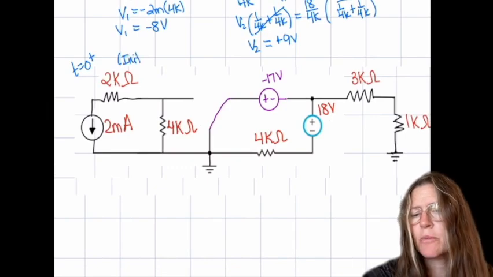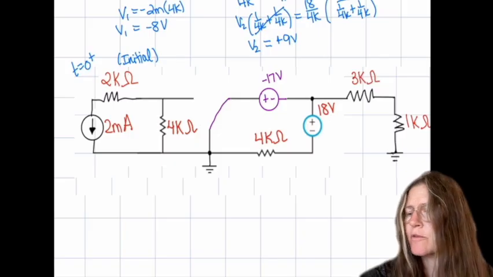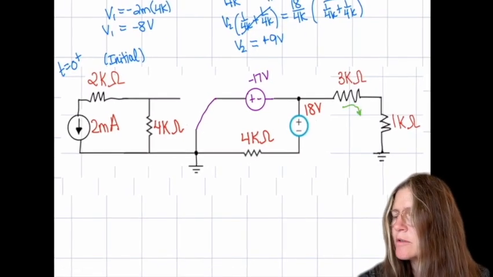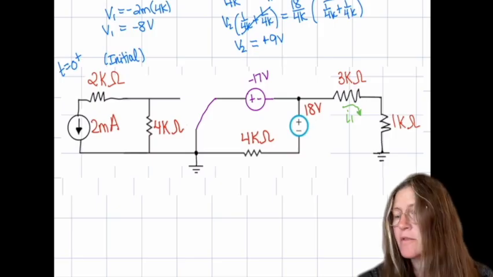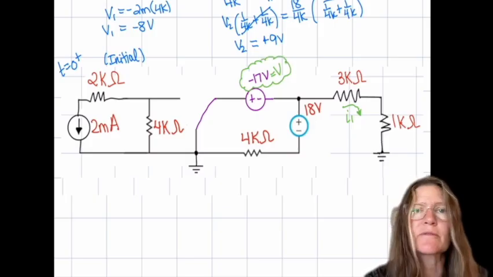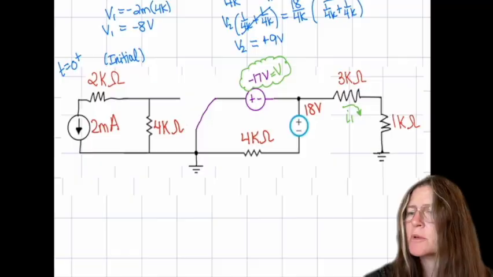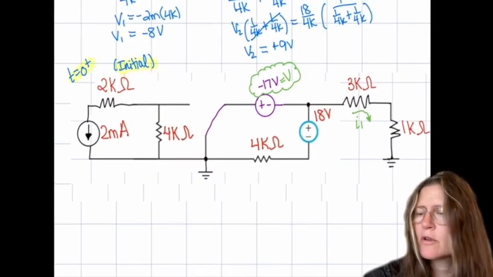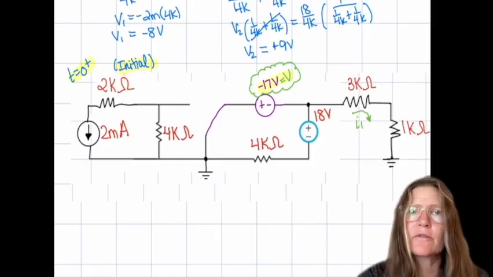We are going to find both initial values: the current here, which was I1, and the voltage here, which is going to be the same, so we don't have to do any steps to find this minus 17. That's going to be our initial value.